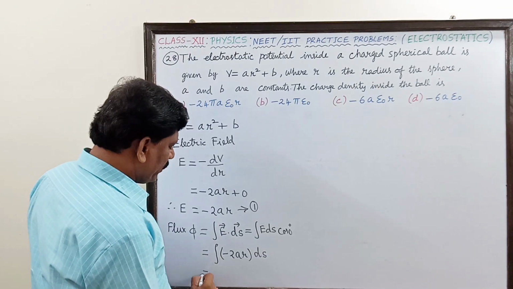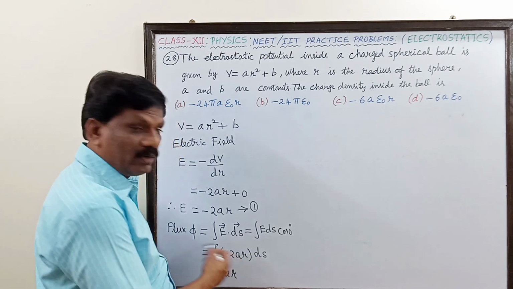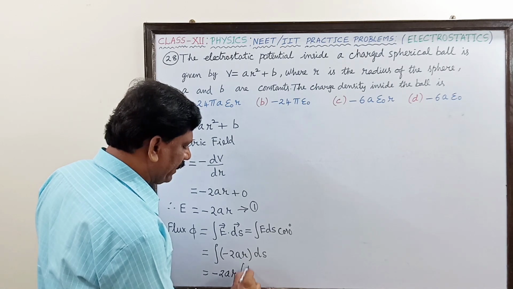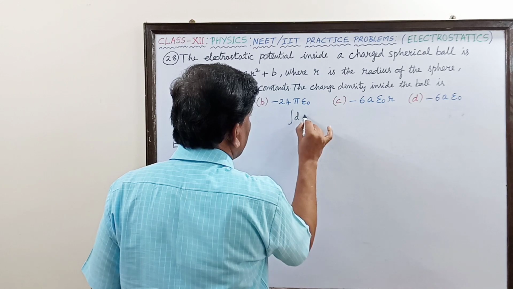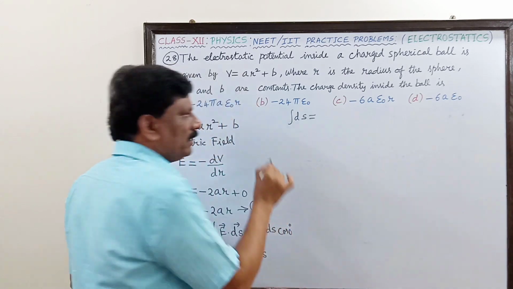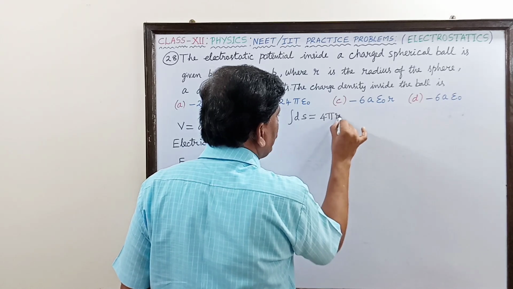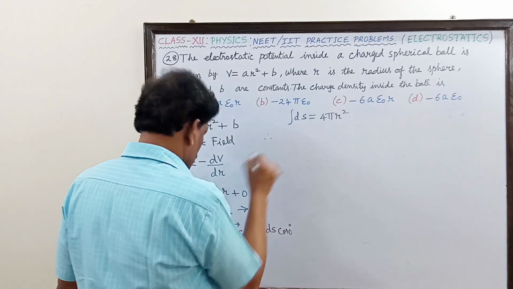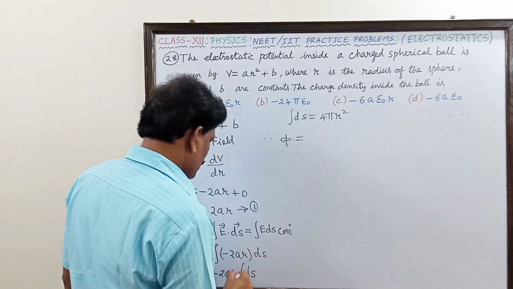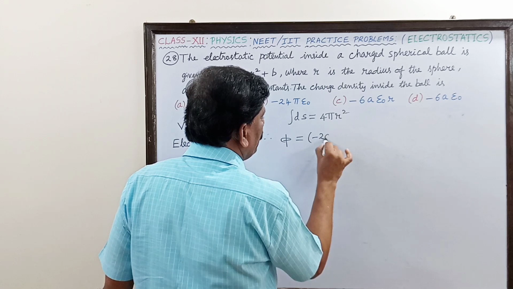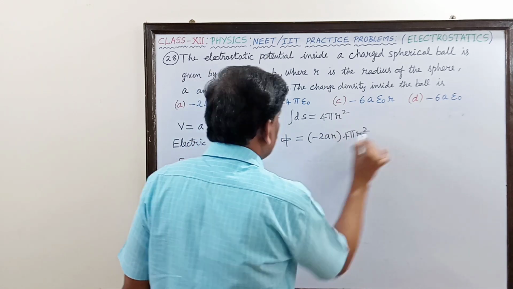So, this is now equal to minus 2AR taken out of the integral into integral of ds. Now, integral of ds, this is equal to the total surface area of a sphere, that is equal to 4 pi r square. Therefore, the flux phi is now equal to minus 2AR multiplied by 4 pi r square.